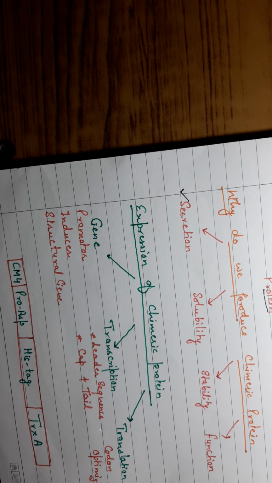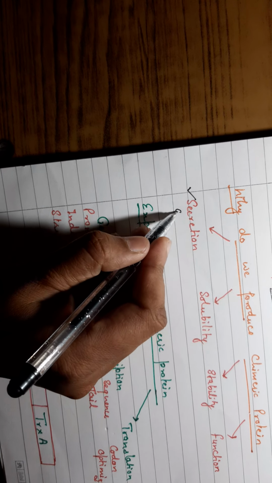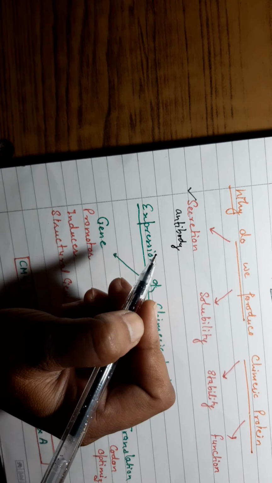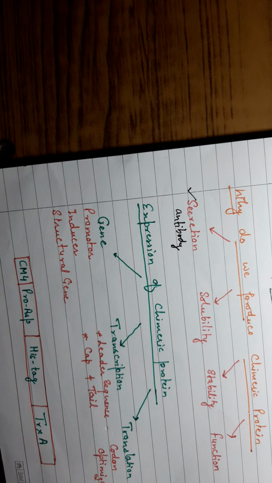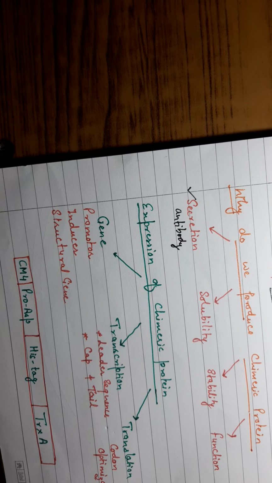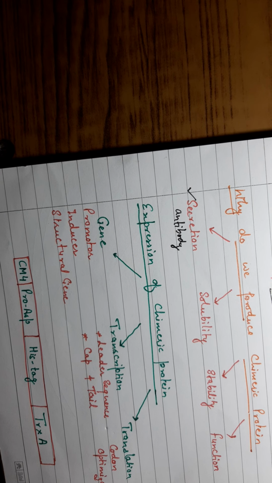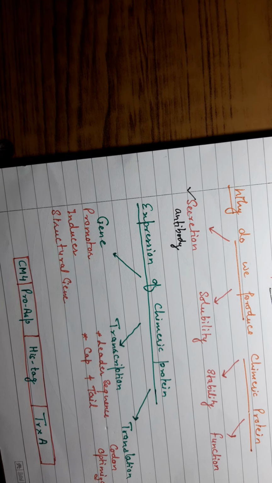It is mainly done in case of antibodies. We all know that antibodies are of two types, fused and secretory. So a secretory antibody may have the secretory domain of mice, so as to increase its secretion.